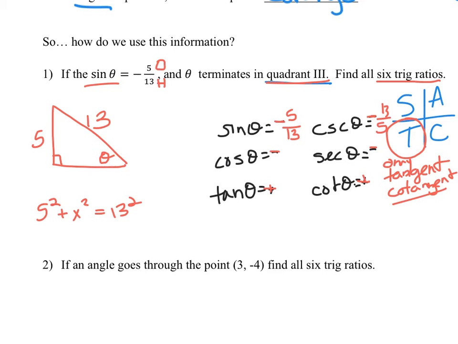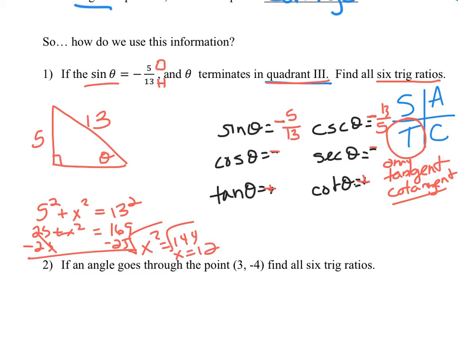You do all the math. This is 25. Let me just do it fast. Minus 25. X squared is 144. So x is 12. 5, 12, 13 is another Pythagorean triple. And then we just continue on.